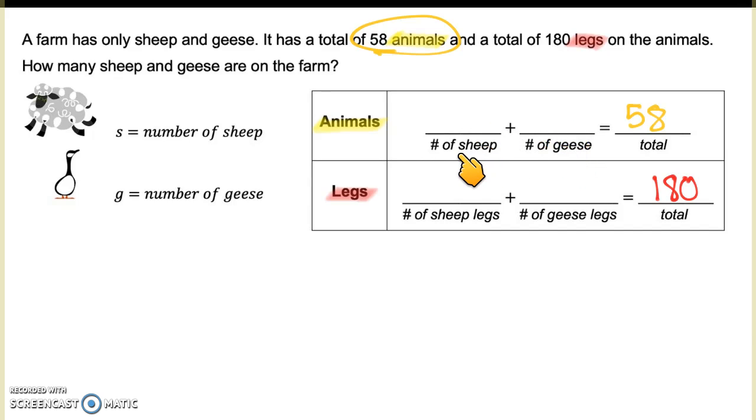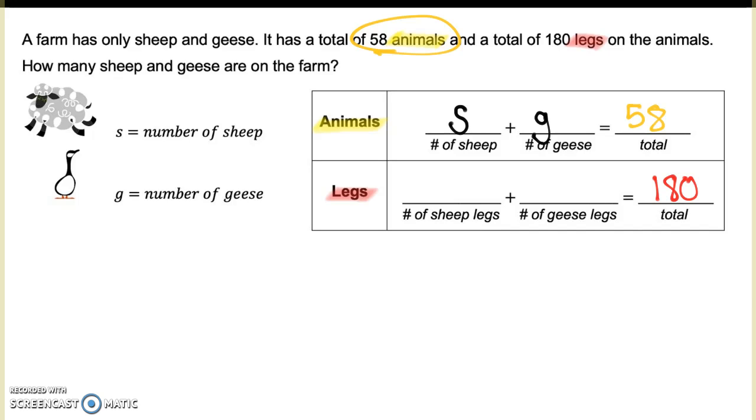So the number of sheep will be represented by the letter S, and the number of geese will be represented by the letter G. So my first equation is going to be S plus G equals 58.